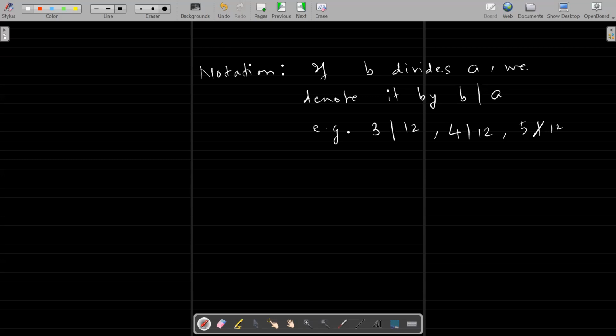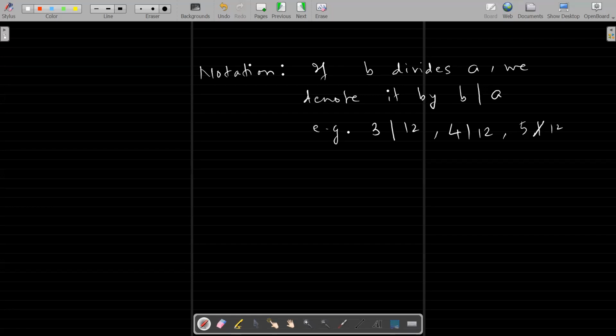So let's go one step further. As we saw, every number does not divide every number. So like 3 divides 12, 4 divides 12, but 5 does not divide 12, right? So what best we can do, and that is called the division algorithm. As already some of you mentioned about remainder, etc. So we'll see the most general form of divisibility.